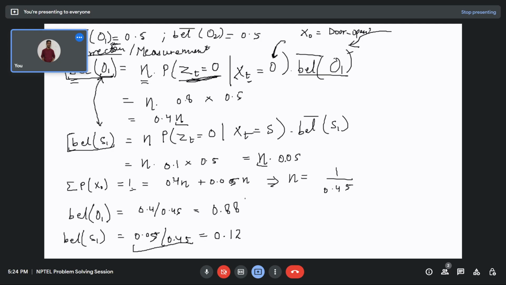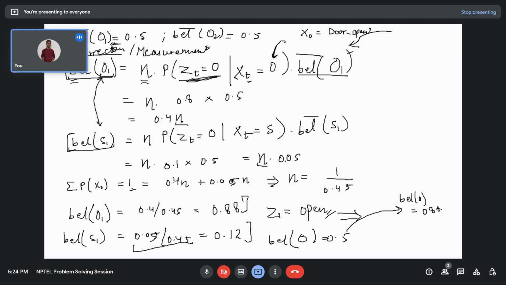So these are the updated beliefs when the sensor had reported that the door was open. Previously, we had a belief that the door was open at 0.5. Then your sensor told you that it is indeed open, so now your belief that the door is open has gone up.